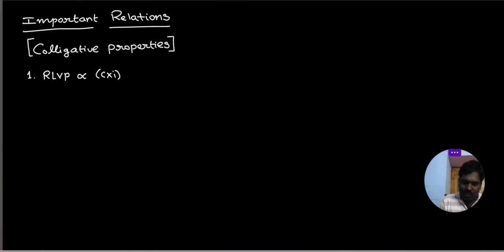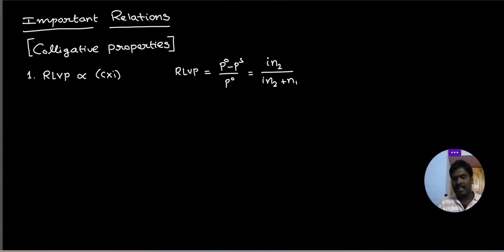Relative lowering of vapor pressure is equal to P naught minus Ps by P naught, which is equal to the mole fraction of solute, so i N2 by i N2 plus N1. Mole fraction of solute means moles of solute by total moles.